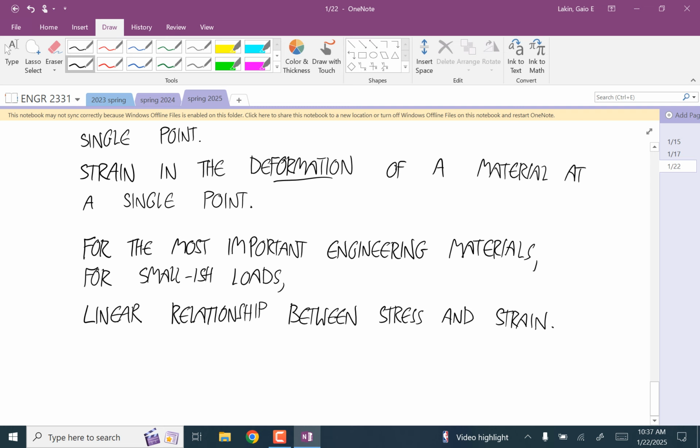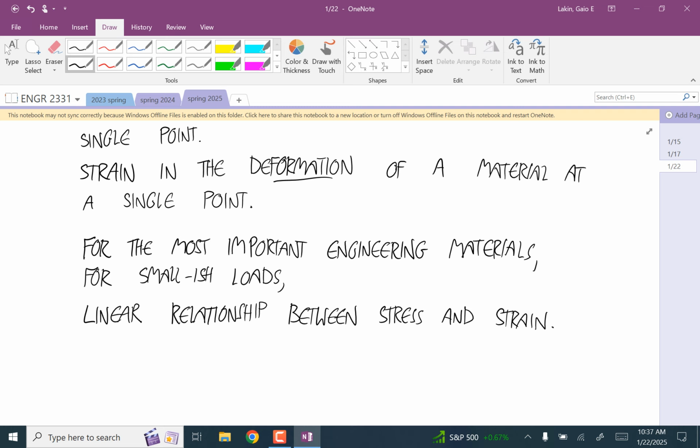So what do I mean, smallish loads? Eventually I'll show you graphs of this, but eventually you get to the point where you get to permanent deformation, and then things start looking nonlinear. But the good news is in engineering applications, usually you're trying to avoid those permanent deformations anyways.